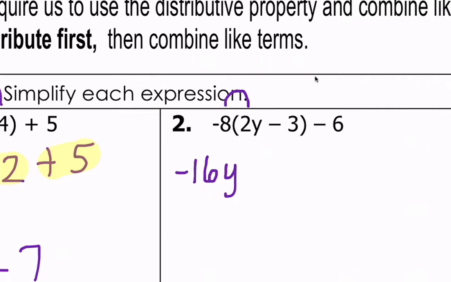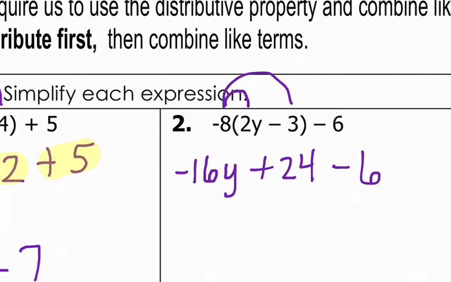Now that I've done that, I'm going to take this -8 and multiply it by this -3. -8 times -3 is +24. Remember, this -6 is not inside the parentheses, so it's all by itself. I'm just going to drop that down. Now that we have finished distributing, the multiplying part, we're going to take our like terms and add them up.